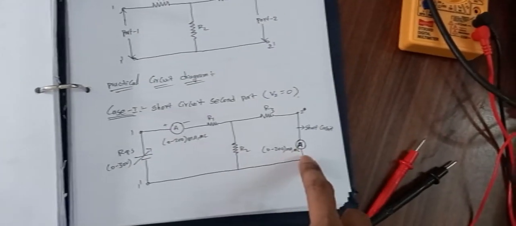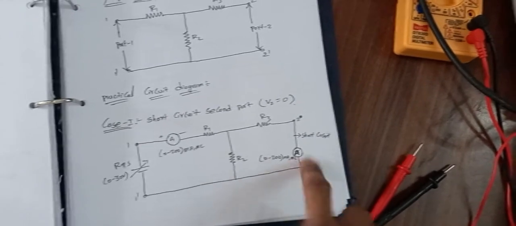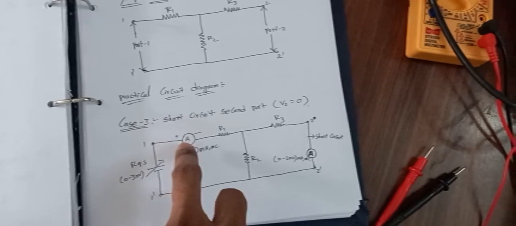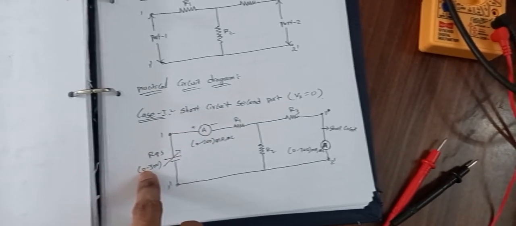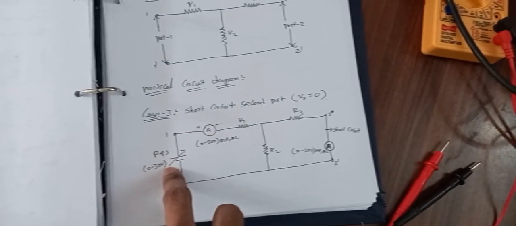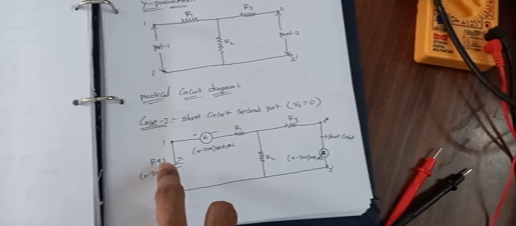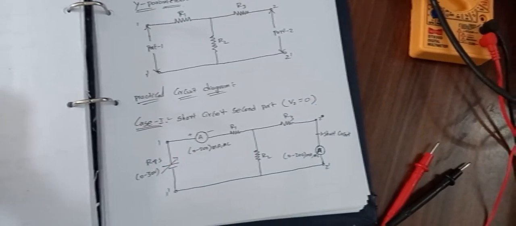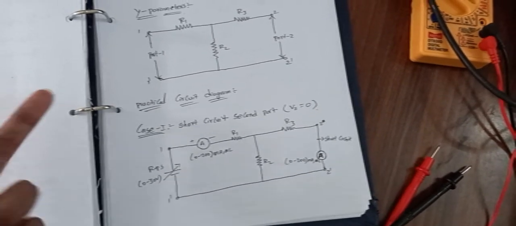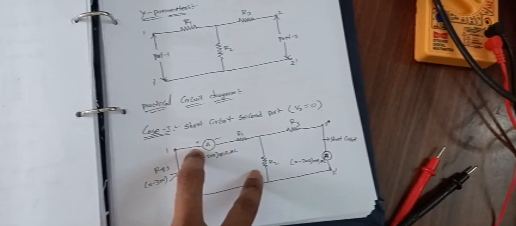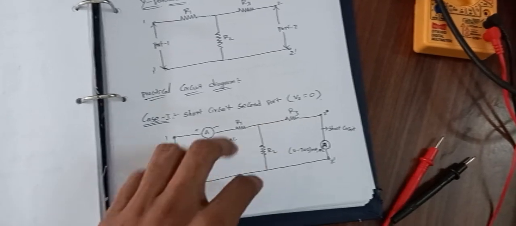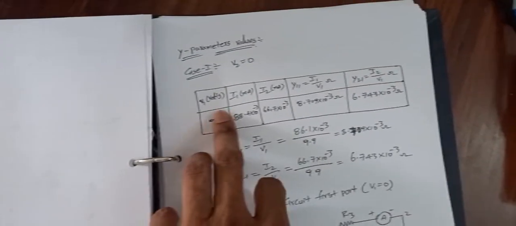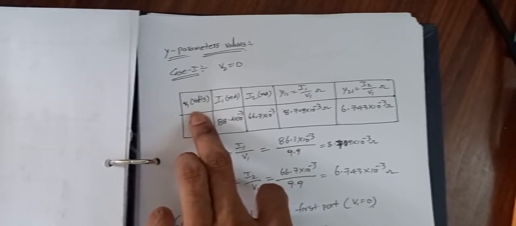Here we take one ammeter to measure the I2 current, and another ammeter to measure the I1 current, and where we take the power supply, we take one voltmeter to measure the voltage value. Previously we measured two voltage values using two voltmeters, but here we take two ammeters to measure the current values.